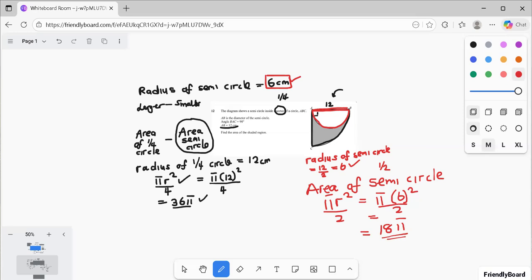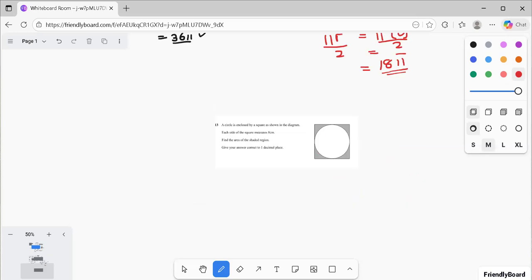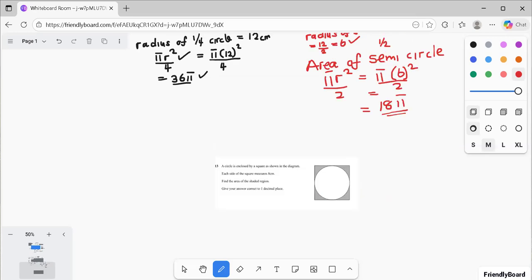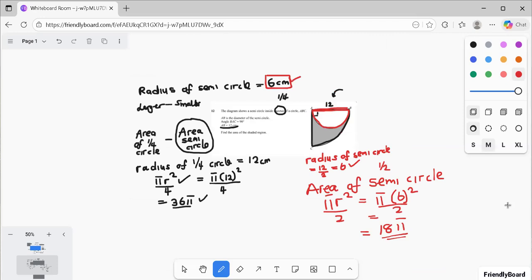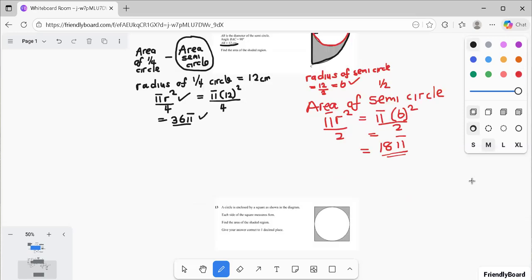So now I'm going to subtract the area of the smaller shape from the area of the larger shape. Okay, so that's what I'm going to do next.